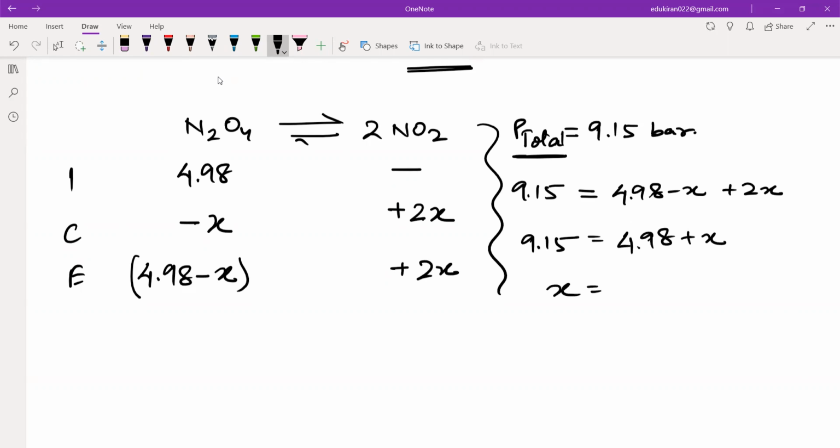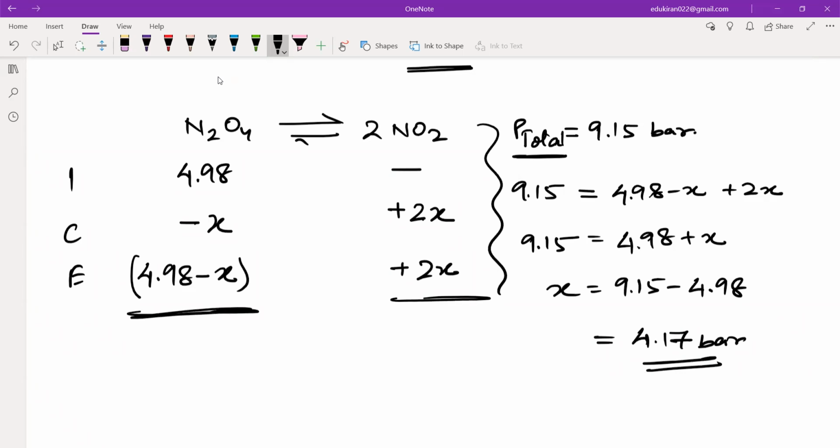So x will be equal to 9.15 minus 4.98, right? So this will be 4.17, I think. The sum of the partial pressures at equilibrium will be equal to the total pressure. This is the relationship we had to crack. Now you have got it? Yes, so we have got the change.